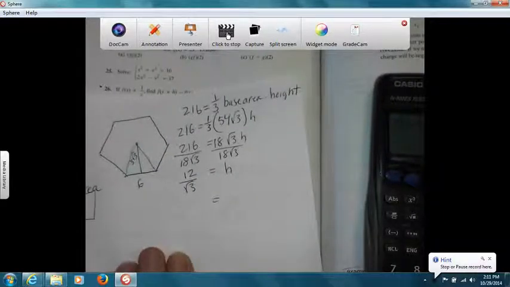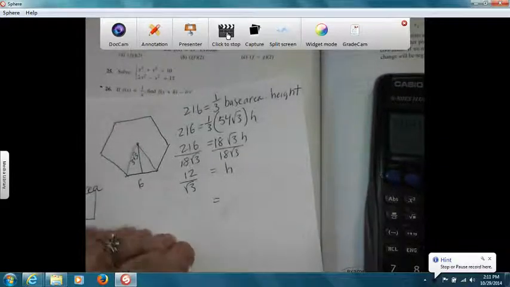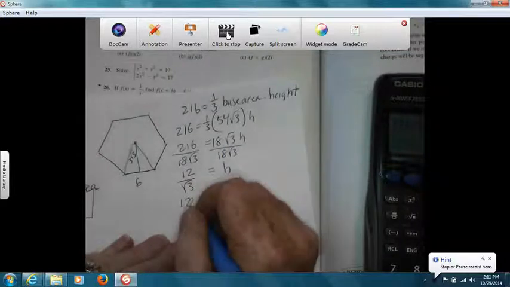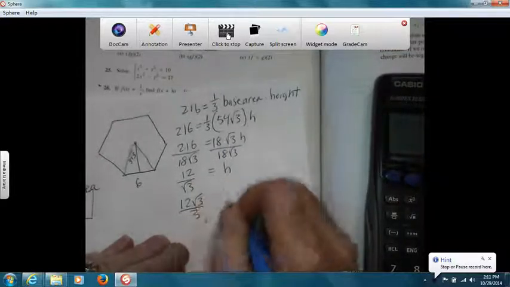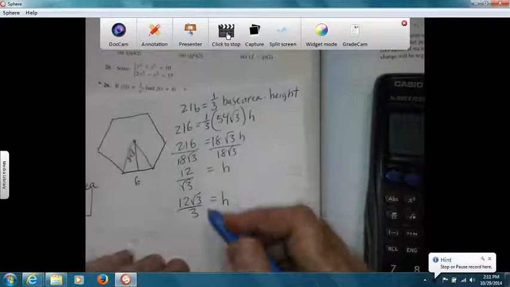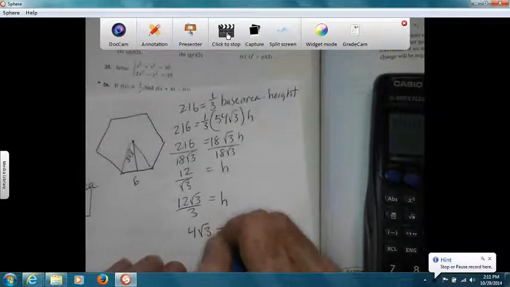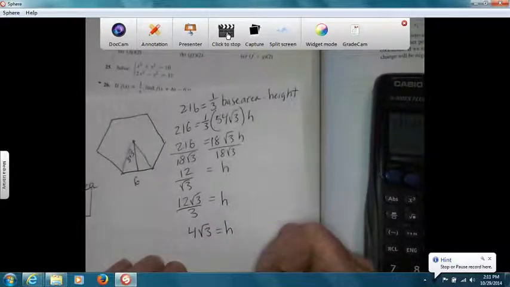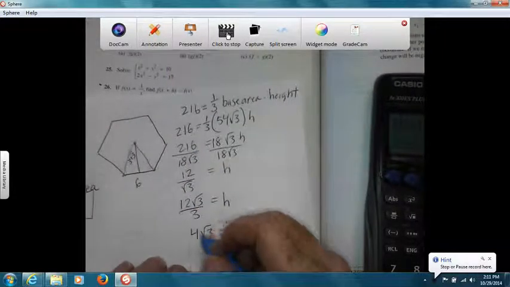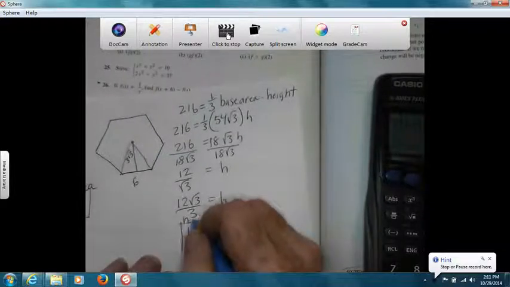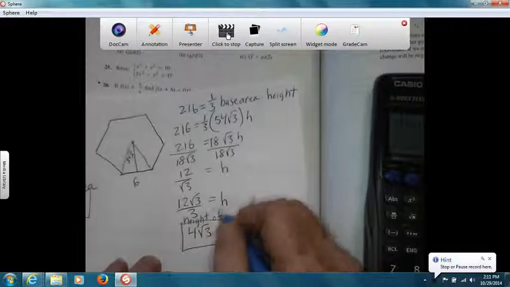If I multiply on the top and bottom by root 3, I'd have 12 root 3 over 3. 12 divided by 3 is 4, so I'm going to get 4 root 3. That's the height of the whole pyramid.